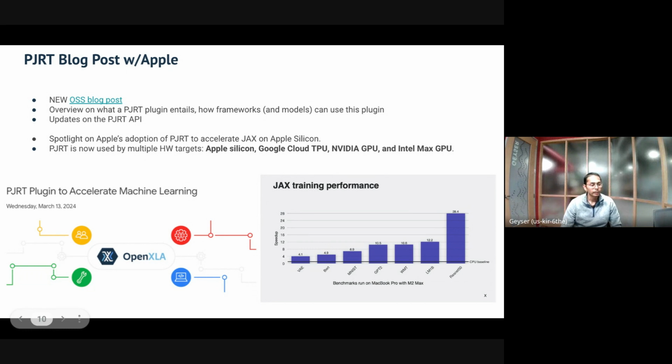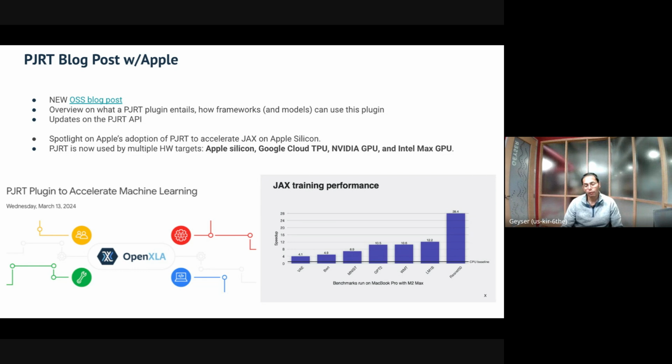And with Apple's adoption of PJRT now, PJRT is being used by a range of hardware targets. When we announced PJRT early last spring, almost a year ago, we had great collaboration with Intel, which led to a joint blog post where PJRT is now used for Intel Max GPU.